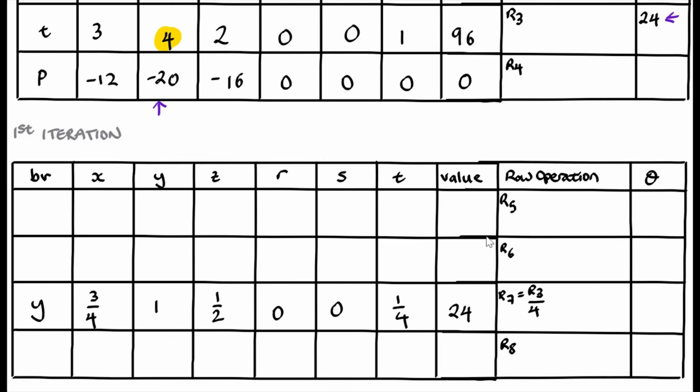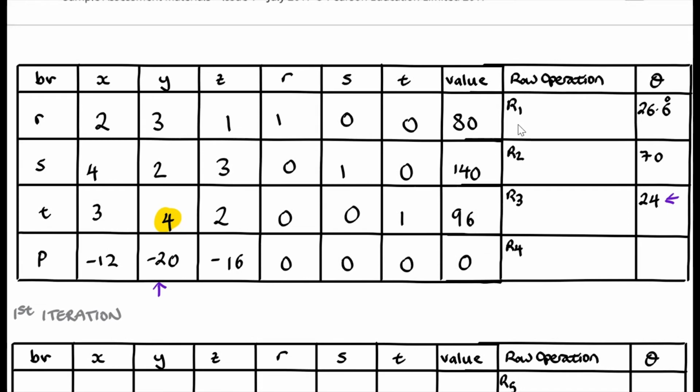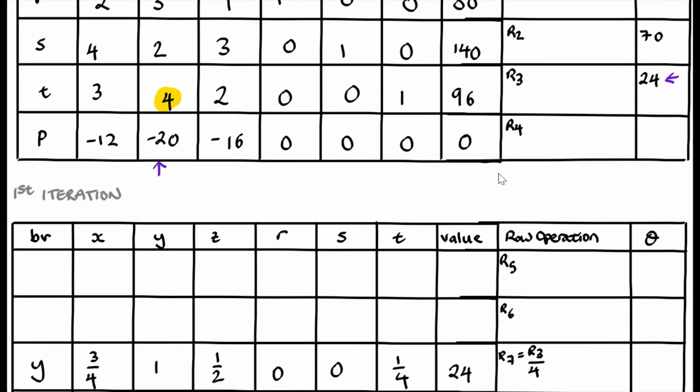Okay, now in terms of working out row 5, 6 and 8, all we have to do over here is simply add and subtract multiples of row 7. So if we consider row 5 in relation to row 1, row 5 is equal to row 1 minus 3 lots of row 7.